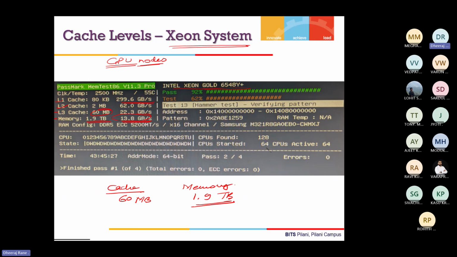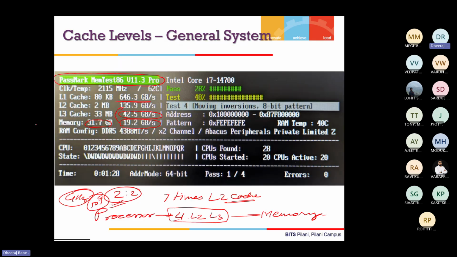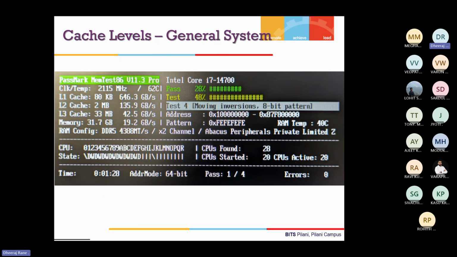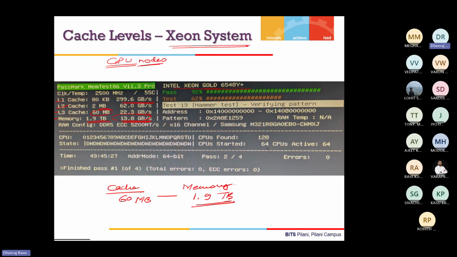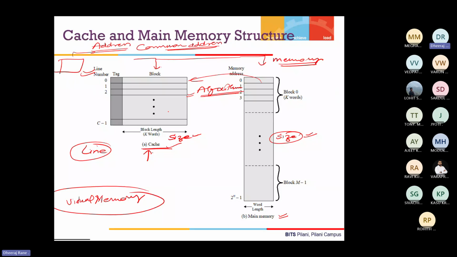So we leave it over here. Even if we go this way, it is 33 MB for cache, and here it is 32 GB for main memory, right? So first we will go through the concept and then we will see how exactly this mapping is carried out. I hope you got the concept.